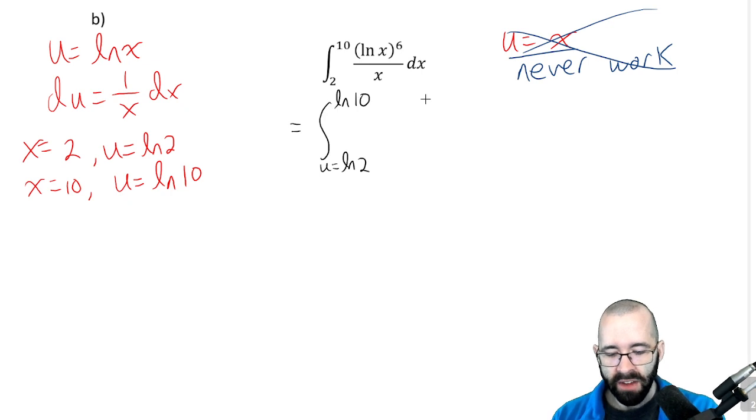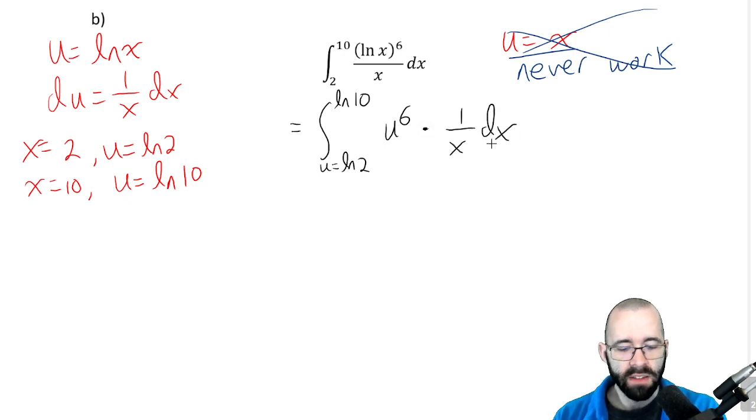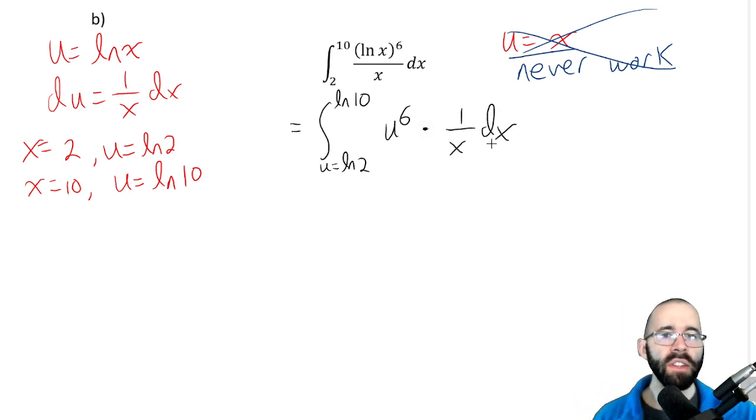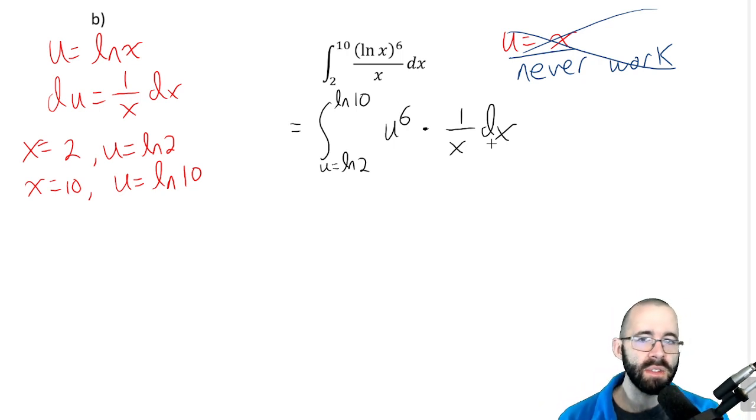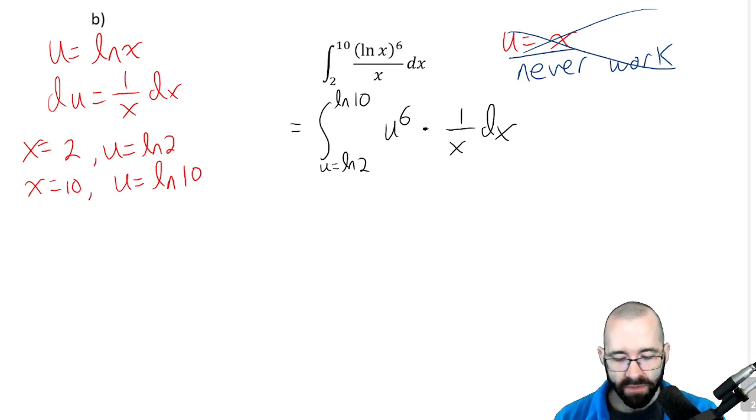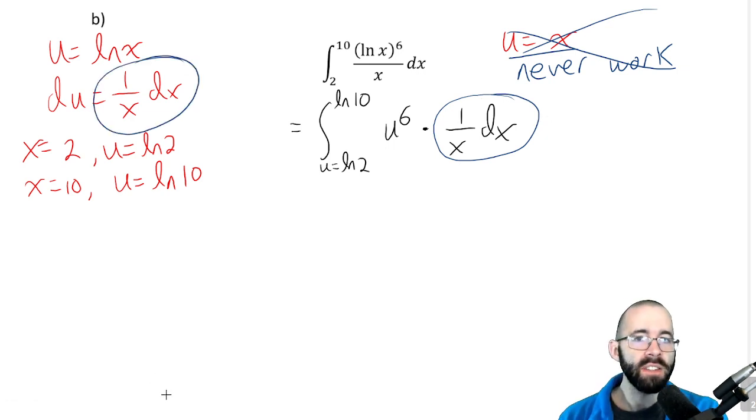U is the natural log of x, so this becomes u to the 6th. And let's rewrite this. Instead of dividing by x, let's multiply by 1 over x. And these are definitely the same things, because multiplying by 1 over x is the same as dividing by x. But if we write it this way, now it becomes much clearer to see that, oh, this is our du.